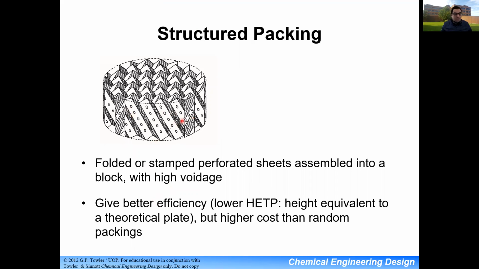If you think about it, they are just metal sheets corrugated and put in parallel with each other. And these metal sheets have holes in them. They're usually folded or stamped perforated sheets assembled into a block with high voidage. And they give better efficiency than random packings because it minimizes some of the operational difficulty of dealing with random packings, but it's much more expensive than random packing.